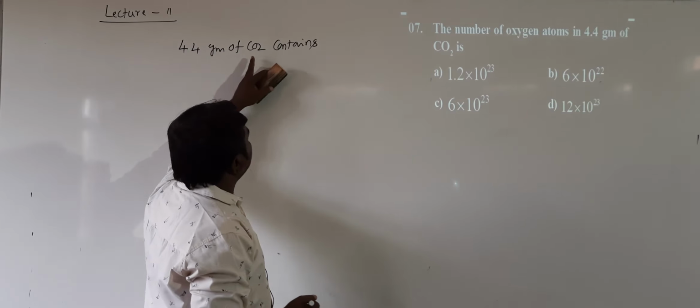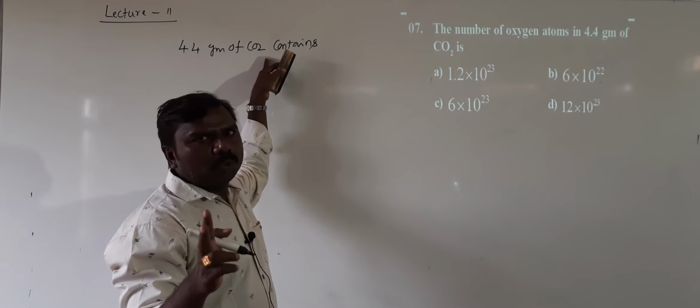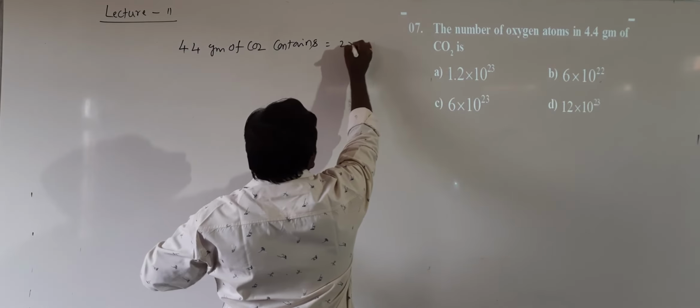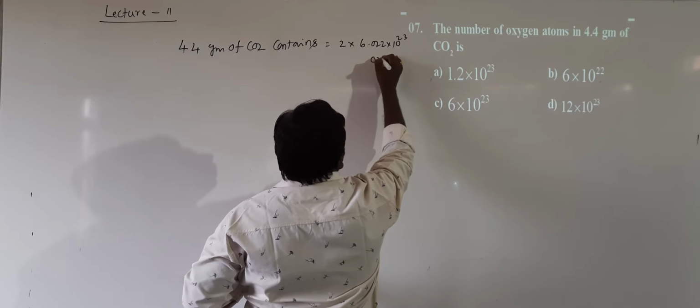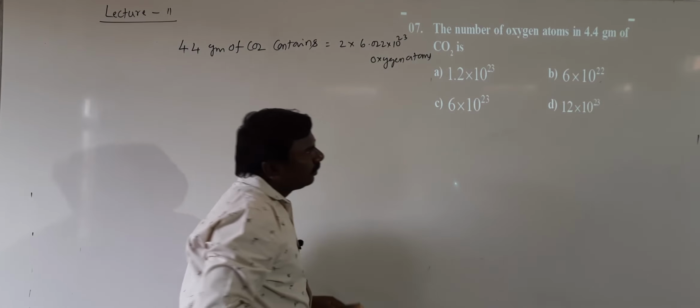So, 44 grams contains 2 moles of oxygen atoms. 2 into 6.022 into 10 to the power of 23 oxygen atoms, right.